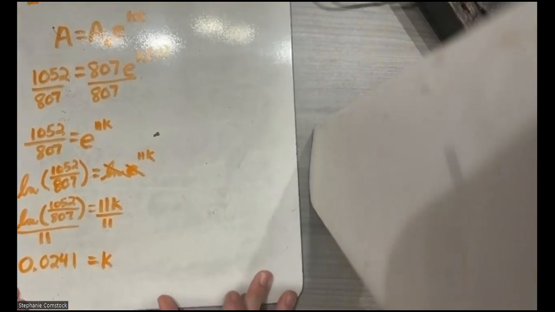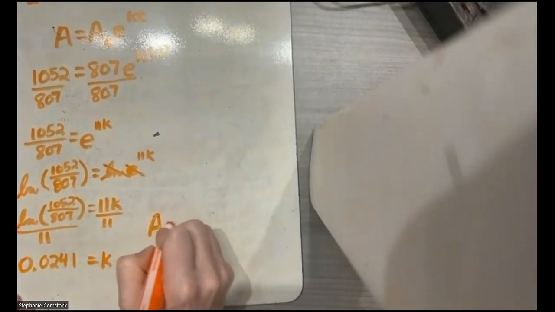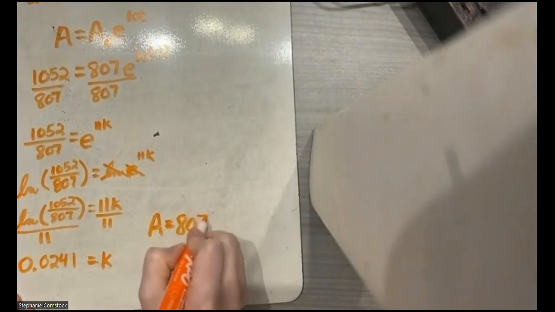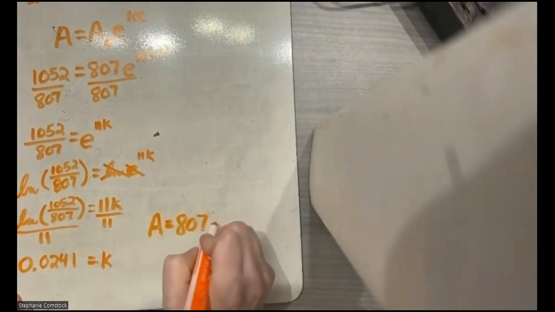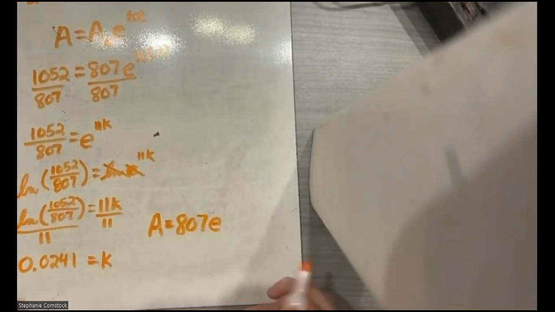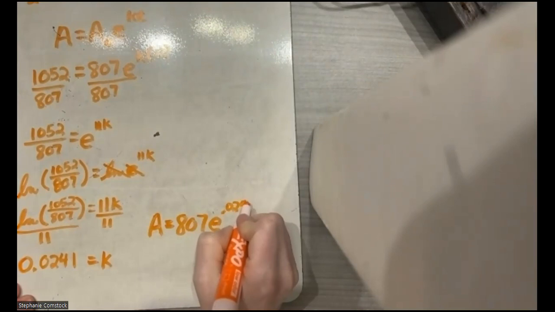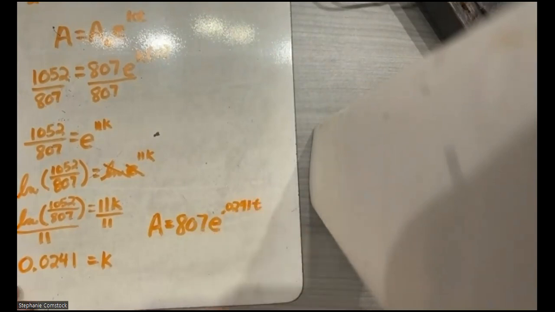So now the equation that I would then use is, I'm still going to have the A, we're still going to be using that 807 as our starter, I'm going to have e, now my k is 0.0241, and then I have a t. So there's my equation that I'm going to be utilizing for any other further questions that they ask. Okay. So now let's go back and look.